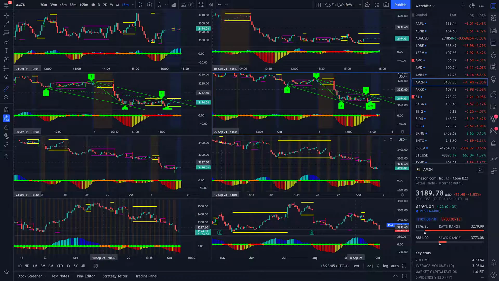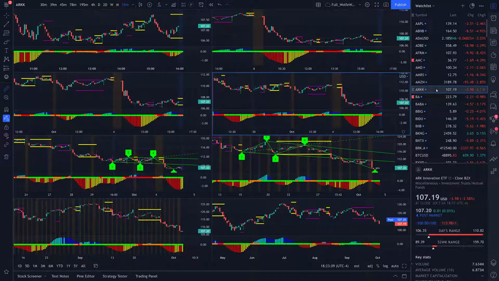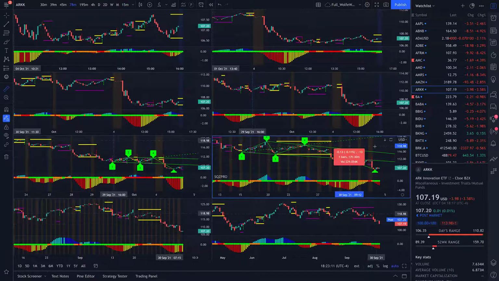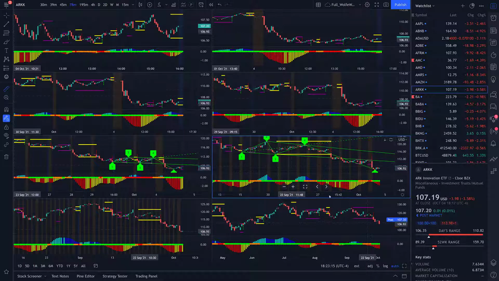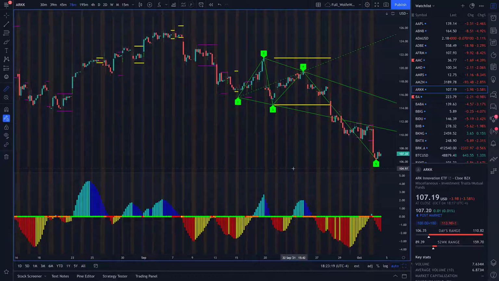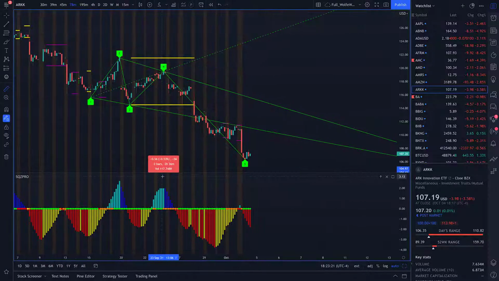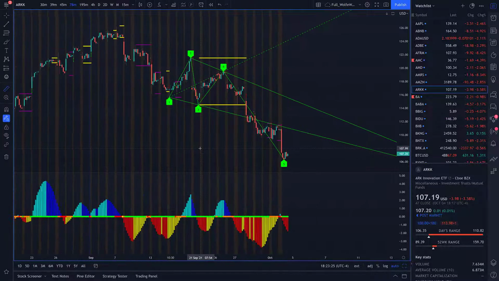So yeah, if you keep on going through these charts here, you can look at ARK Investment. Okay, so this one looks attractive on the, what time frame is it? 78-minute time frame, right? Look at that. And this is a possible trading setup.